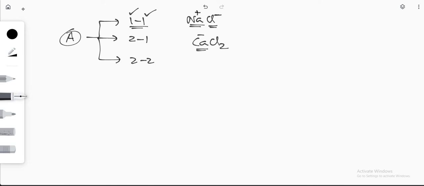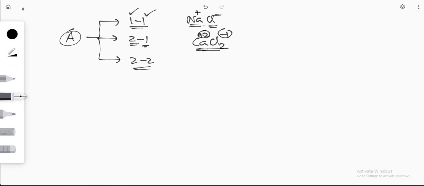In calcium chloride, the calcium ion charge is plus 2, and each chloride ion charge is minus 1. So the positive ion is 2, the negative ion is 1, ignoring the sign. 2,1 means the electrolyte should be like this, CaCl2.